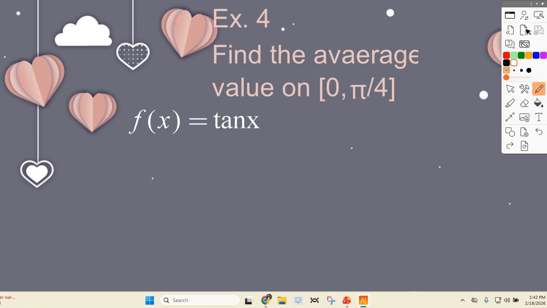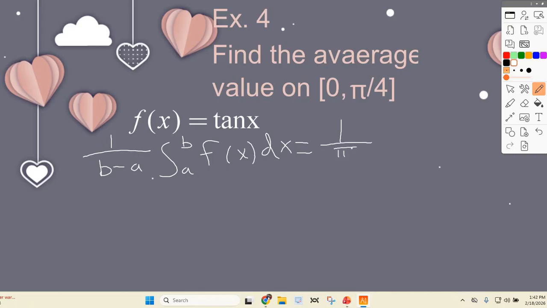Basically, I have 1 divided by b minus a times the integral from a to b of whatever f of x is. So in this case, my b is pi over 4, my a is 0, so pi over 4 minus 0 just gives us pi over 4. And then we're going from 0 to pi over 4 of tangent of x dx.